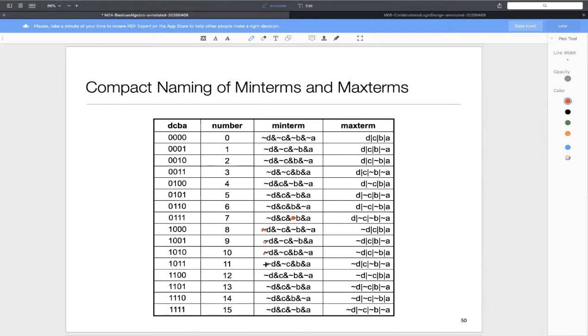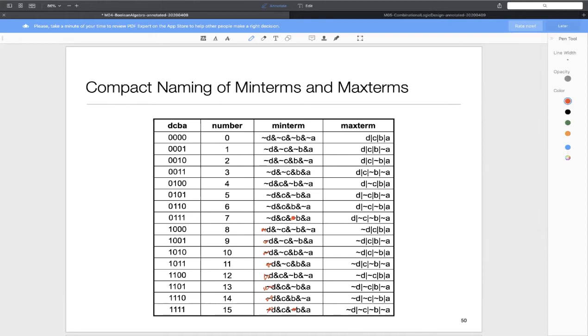I think I cut and pasted from the previous rows and then messed up the minterm. Sorry about it. I'll circulate the fixed slides. So 1000, 1001, 1010, 1011, 1100, 1101, 11, yeah, and this guy. Okay, so wherever I have put that red little thing, you scratch out the nots.